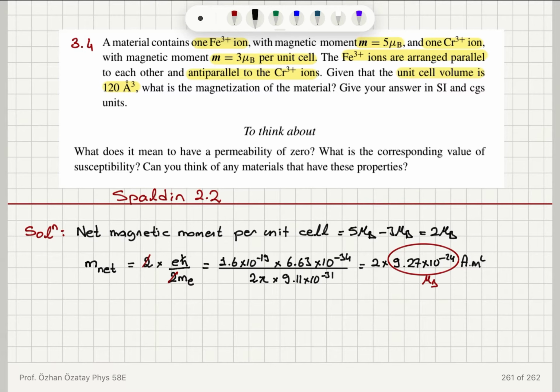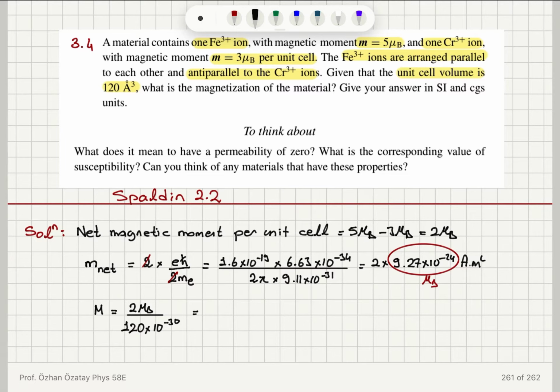And therefore the magnetization in SI units will be 2 Bohr magnetons divided by the volume, which is 120 angstrom cubed, so 120 times 10 to the minus 30 meter cubed.